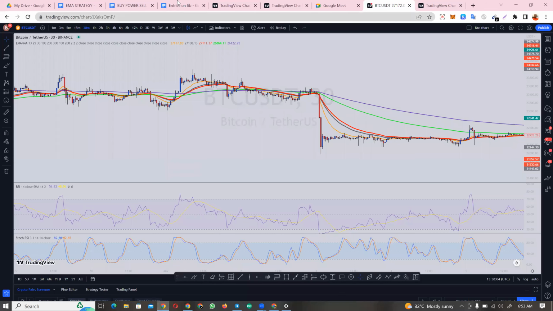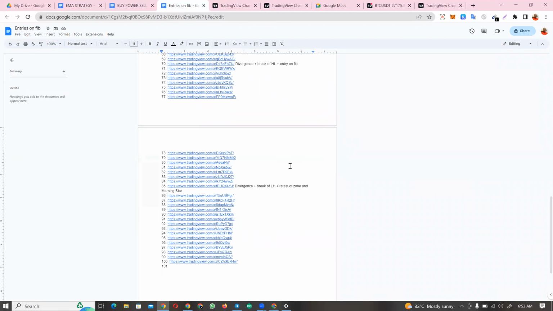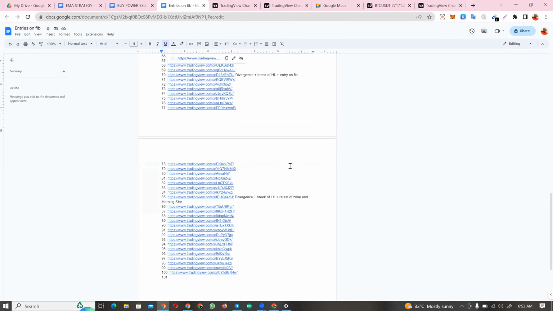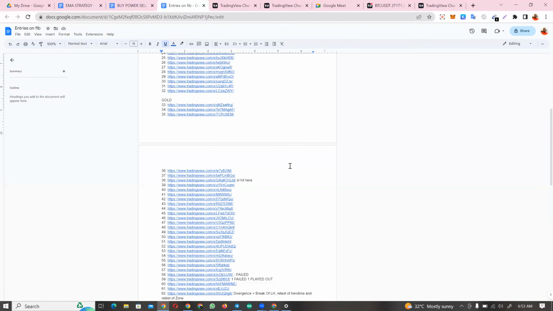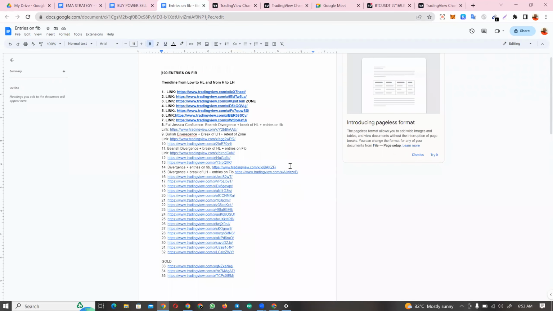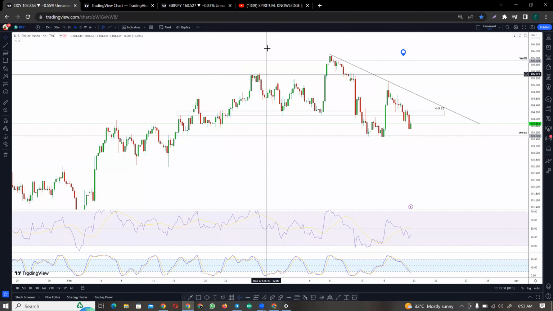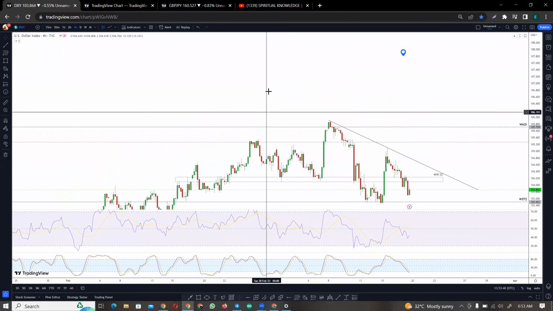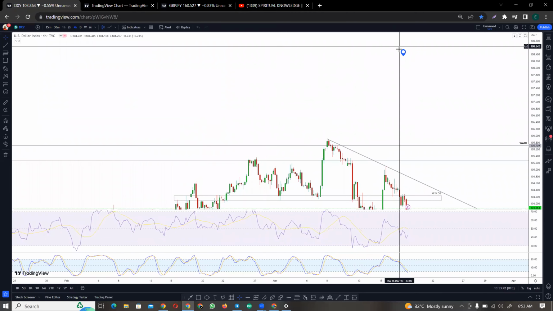Yesterday, I wrote out something on how to draw trend line. So trend line from low to higher low and from high to lower high. Understand this. I said from low to higher low. So let's say we want to draw a trend line. It just came to my head. I just said, let me write it down.